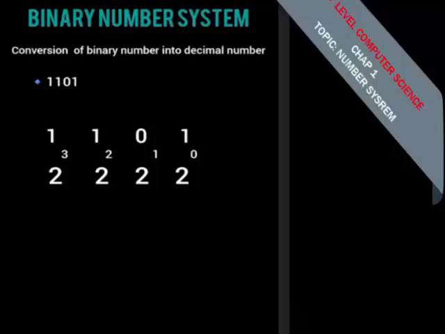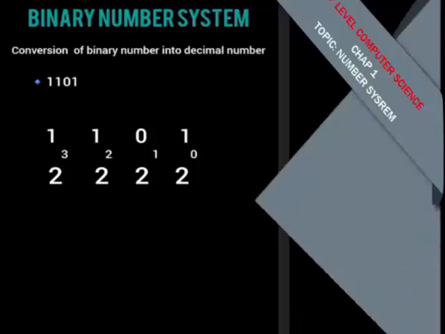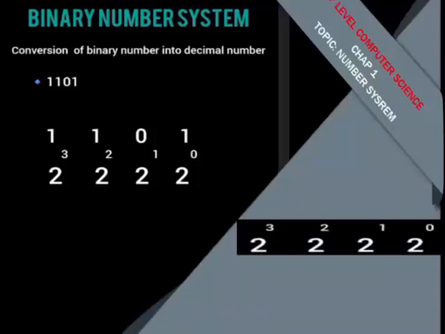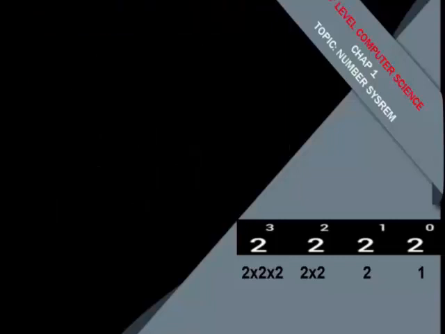Now move to step number 3, in which we write the value of each power of 2. Anything with power 0 is equal to 1. So here 2 to the power of 0 is 1, 2 to the power of 1 is 2, 2 to the power of 2 is 4, and 2 to the power of 3 is 8.